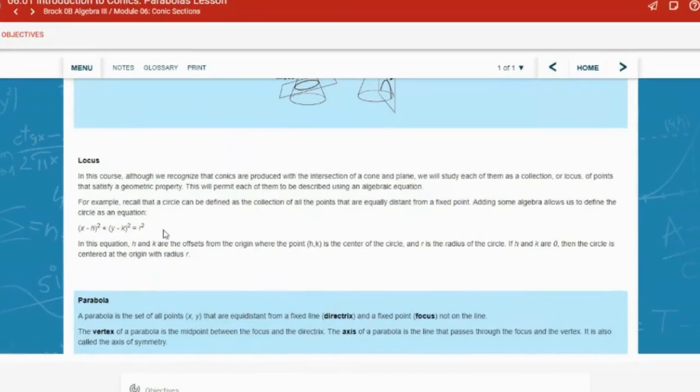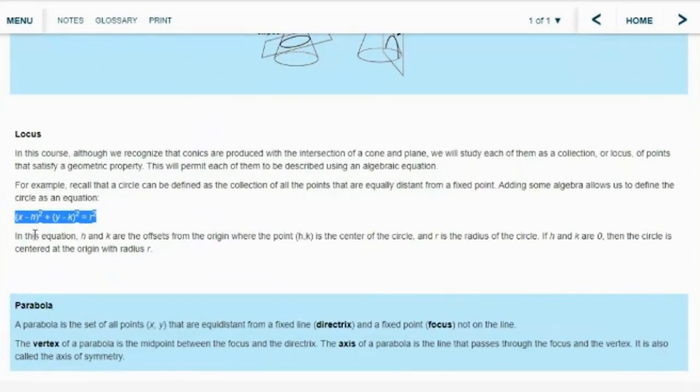And the equation of a circle looks like this. It's (x minus h) squared plus (y minus k) squared equals r squared, where h and k is the point that is the center of the circle. When we have a circle that's on the origin on a graph, h and k is 0, so you just have x squared plus y squared equals r squared.